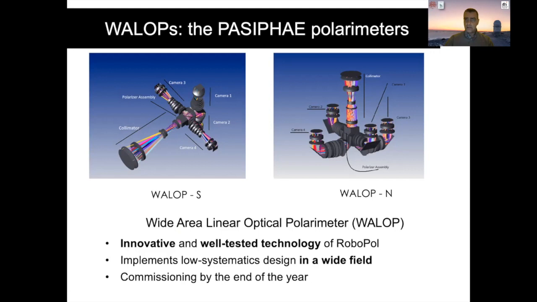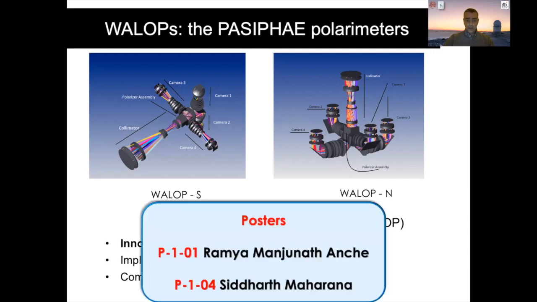Its development is currently underway at IUCAA, India, and the commissioning is expected this year. For more details on the instrument design and the calibration, please see the posters by Ramya and Siddharth.